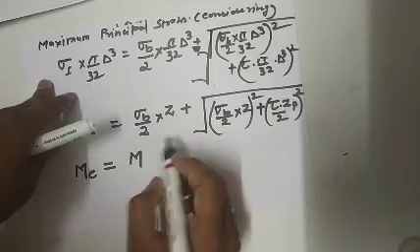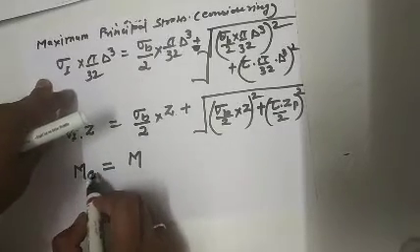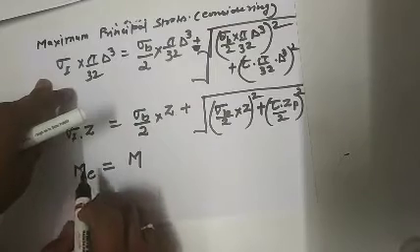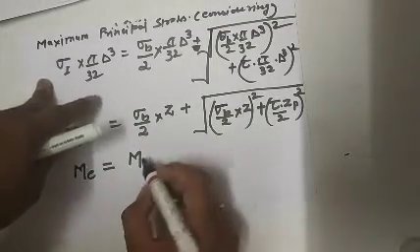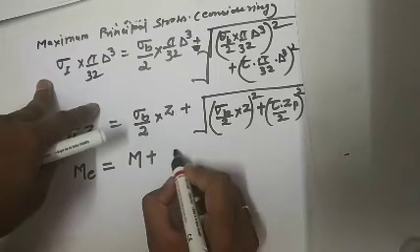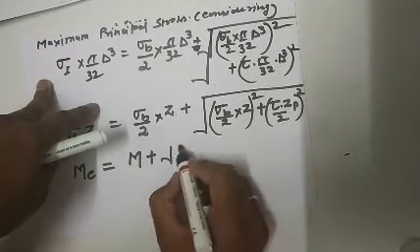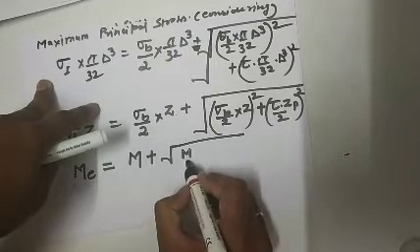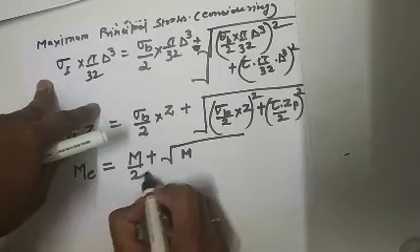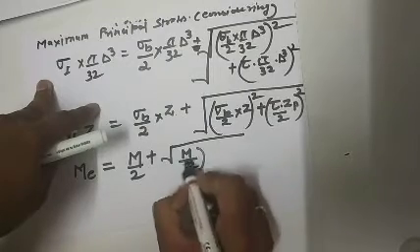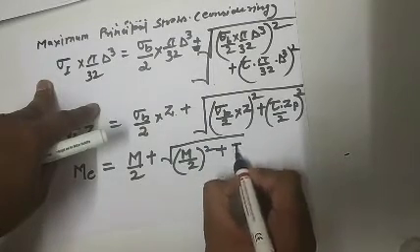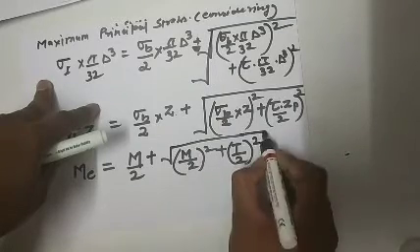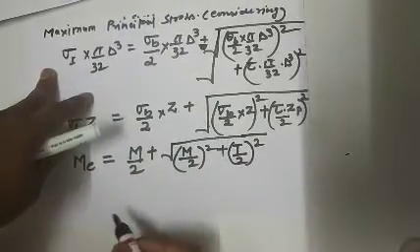And this is the bending moment set up in the shaft due to the combined effect of bending moment and turning moment, right? M plus under root M by 2 whole square plus T by 2 square, right? Sigma M into Z equal to M.